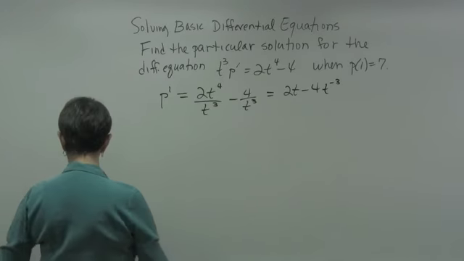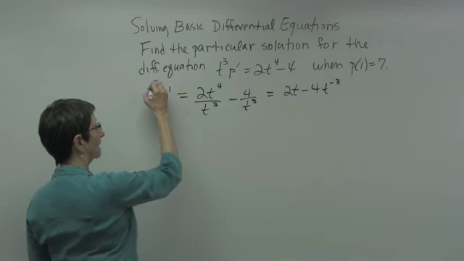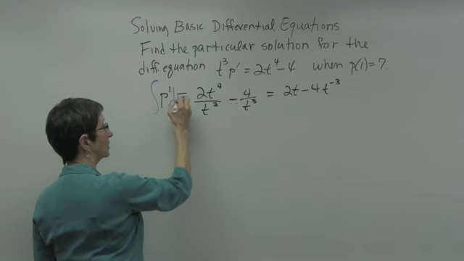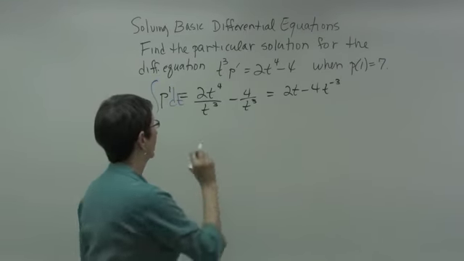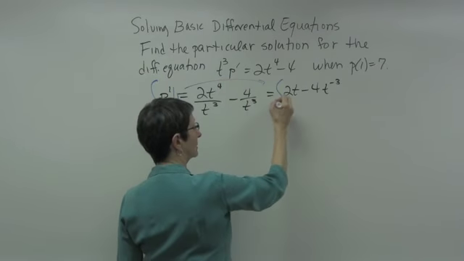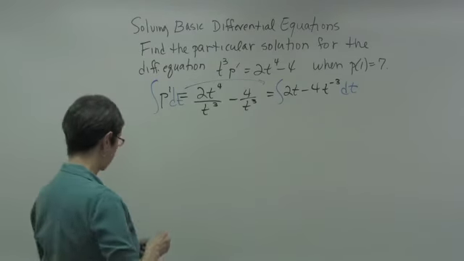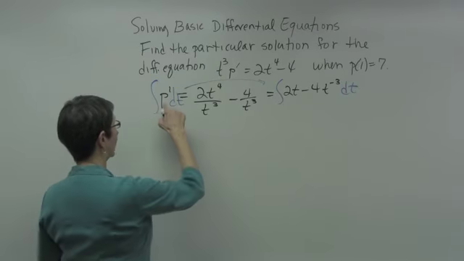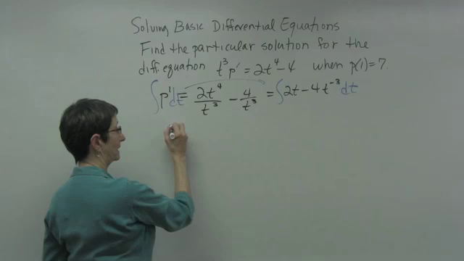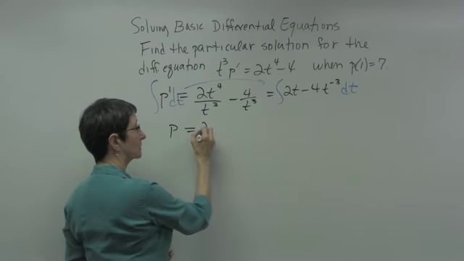So I have antiderivative of my p prime, and this time it is dt, equal to antiderivative of all this with respect to t. Antiderivative of p prime is p. 2 is a constant multiplier.